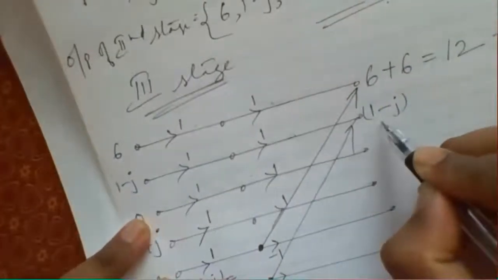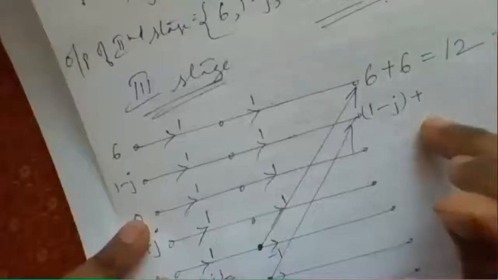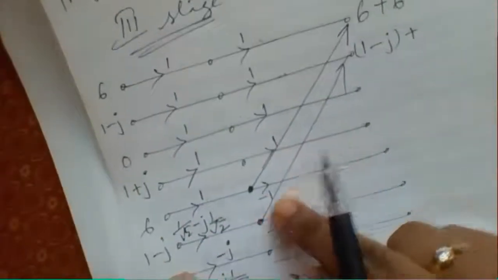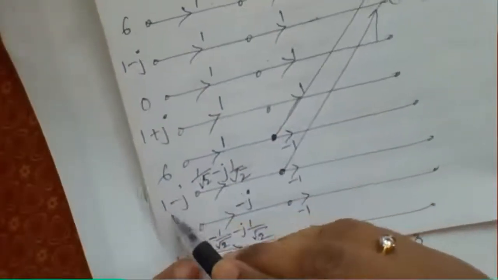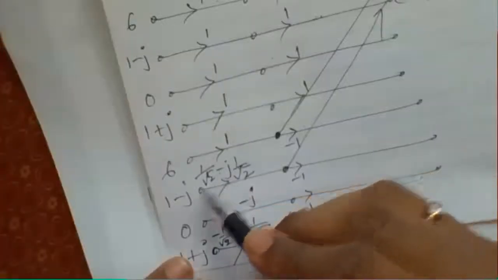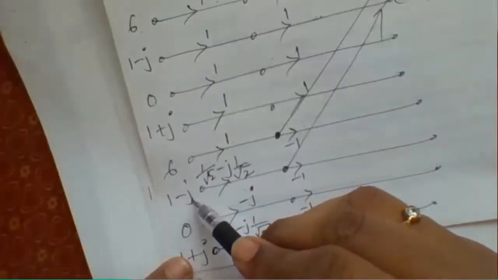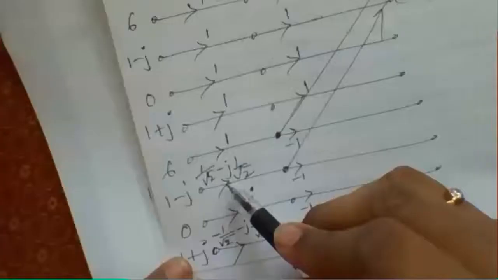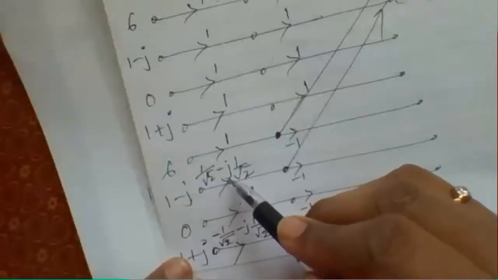Plus, this will be added with the sixth node, where we have 1 minus j as the input sample. 1 minus j will be multiplied by 1 by root 2 minus j 1 by root 2.